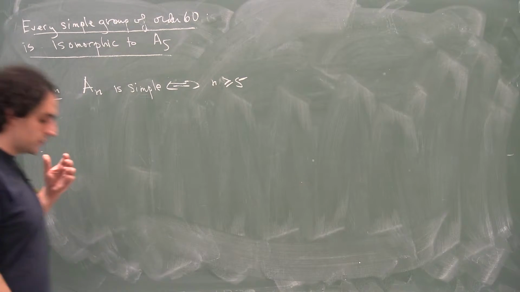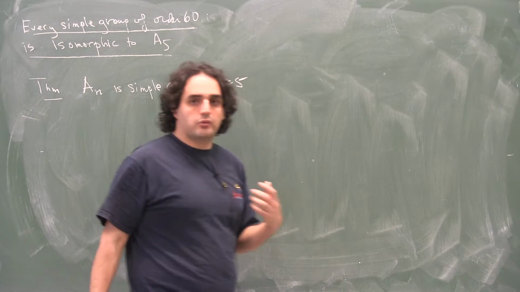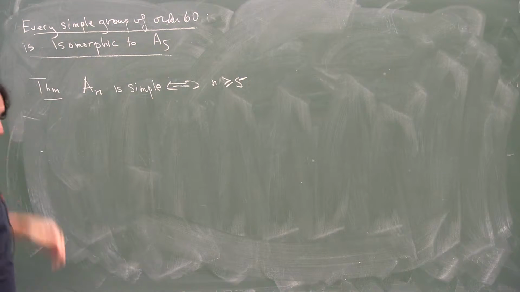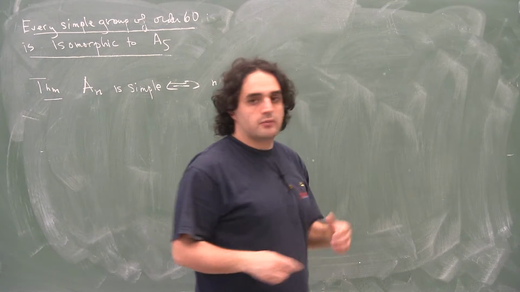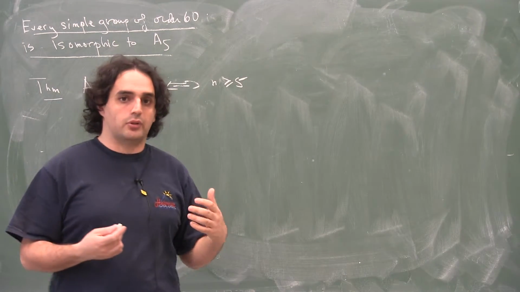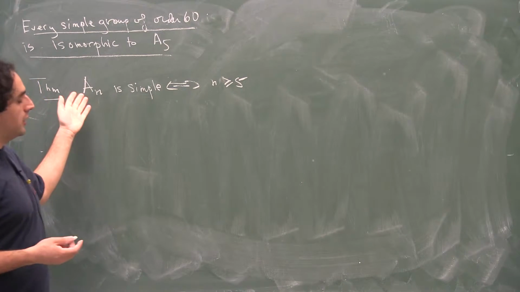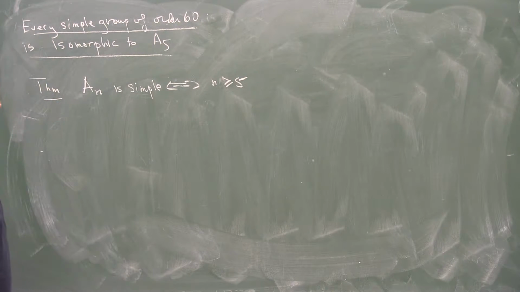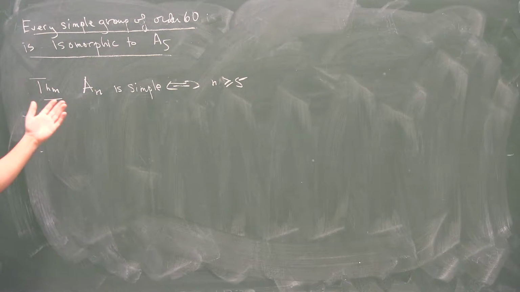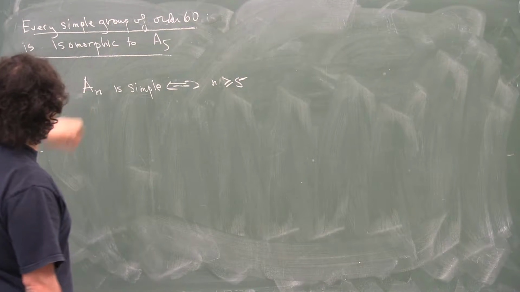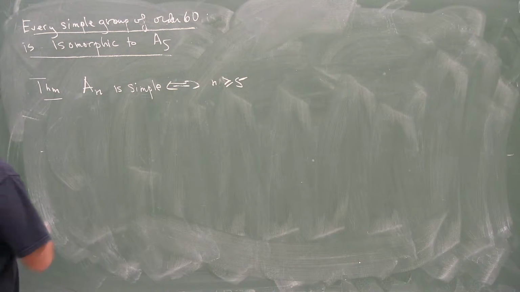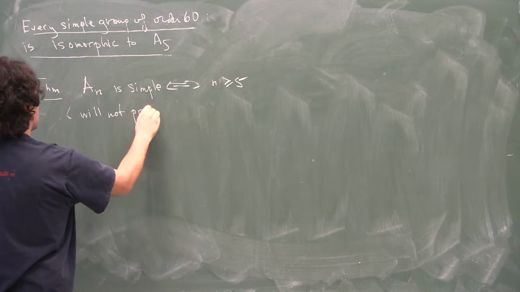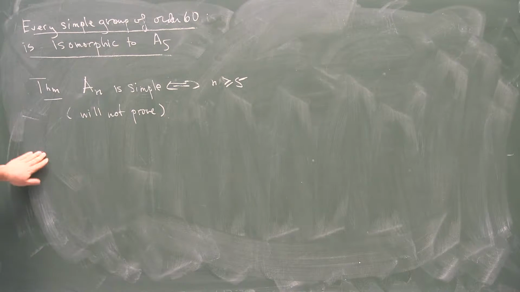So A5 is actually the smallest non-abelian simple group, and it and all the bigger alternating groups give one of the simplest examples of an infinite family of simple groups, and this is one of the interesting things about the alternating groups. Okay, the symmetric group is not simple, but it has this index 2 subgroup that is simple. I will not prove this.